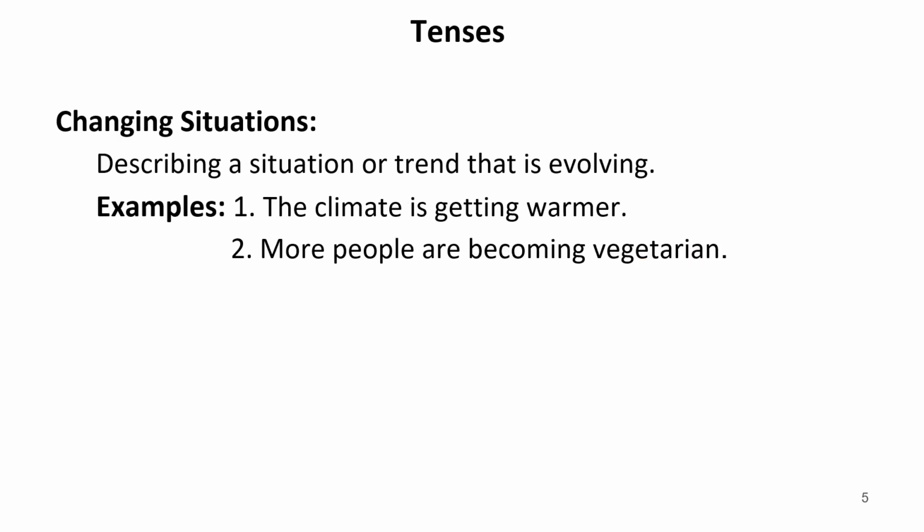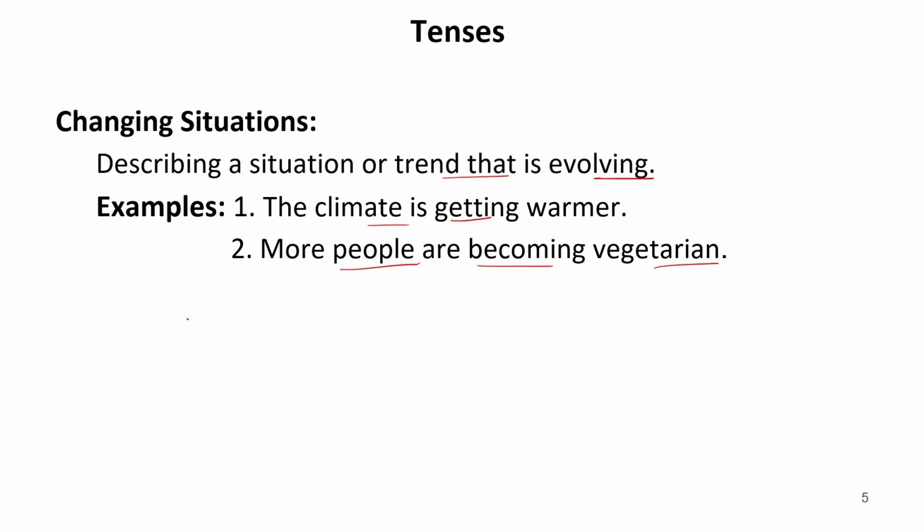Changing situations. These are also shown by this tense, describing a situation or trend that is evolving. Trends and fashion change over time. The climate is getting warmer day by day. More people are becoming vegetarian nowadays as compared to the past.